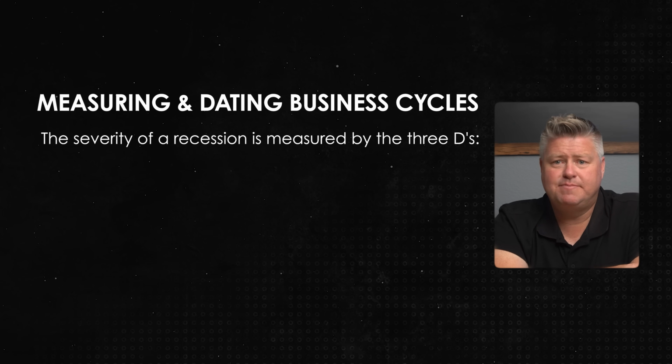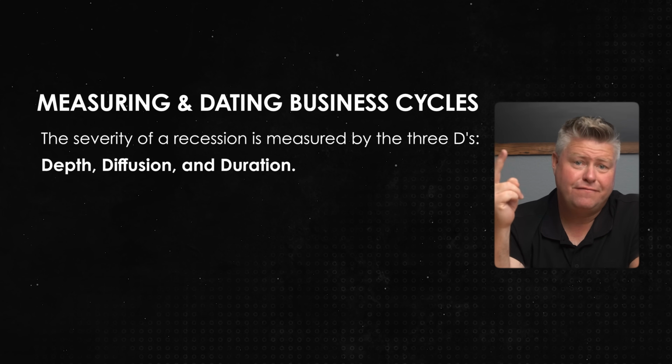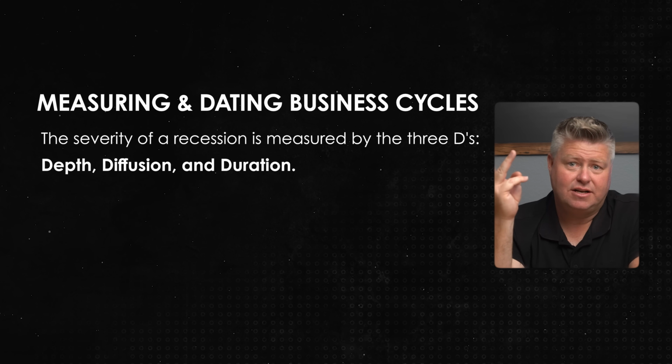Now let's talk about measuring and dating business cycles, right? Because that's important because once you measure how severe they are and when they happen, you can pretty much get a good idea of when they're coming in the future, right? So the severity of a recession is measured by the 3 Ds, which is depth, diffusion, and duration.